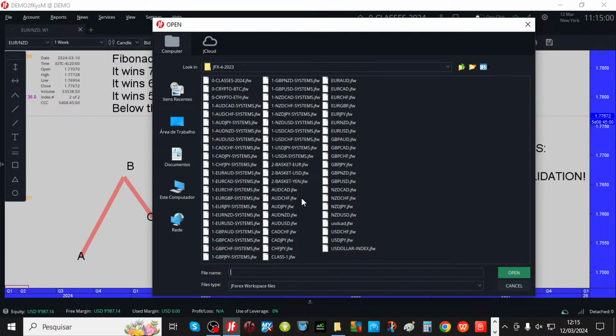AUD, CAD, CHF, Euro CAD, Euro GBP, Euro New Zealand, GBP CAD, CHF, JPY, NZD, USD CAD, maybe. Well, USD CHF. Alright, USD CAD too.